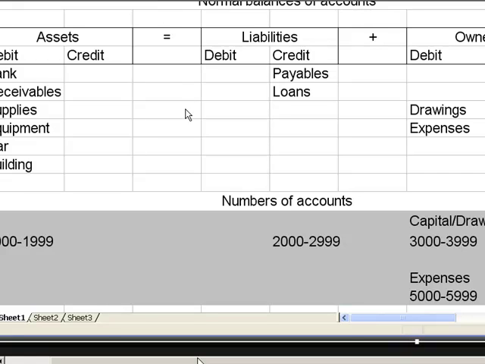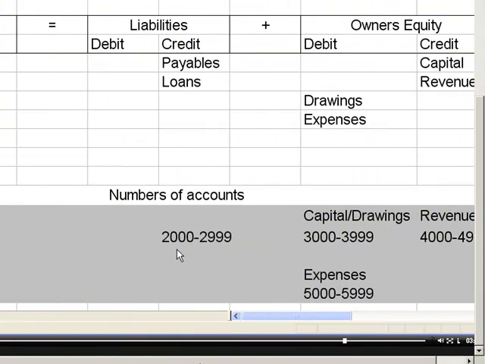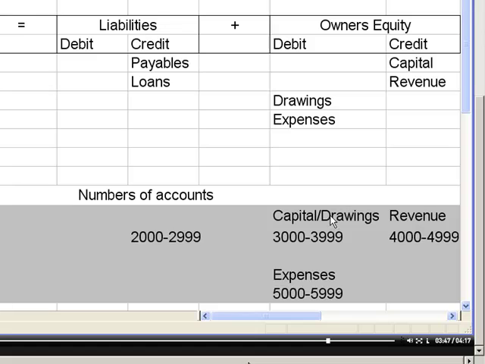While we're on the topic, Simply Accounting is going to be asking you for the number of certain accounts, and here I've listed the numbers where they belong. So assets typically will be between 1,000 and 1,999. Liabilities such as payables, loan payables, those kind of things will be between 2,000 and 2,999.